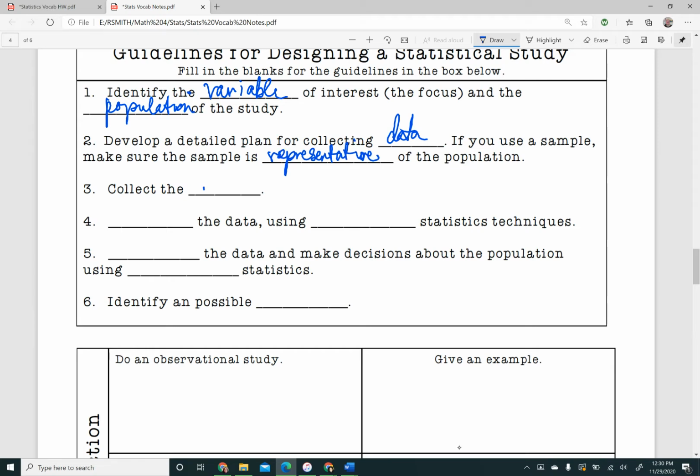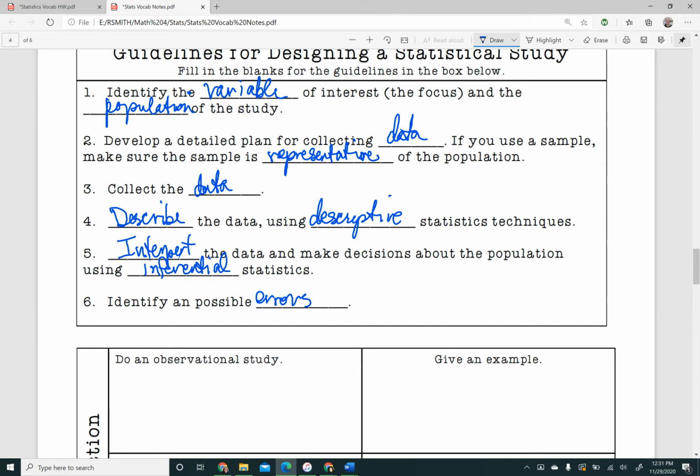And then we should collect the data and then describe the data using descriptive statistic techniques. Then interpret the data and make decisions about the population using inferential statistics. So we need to infer something and identify any possible errors.